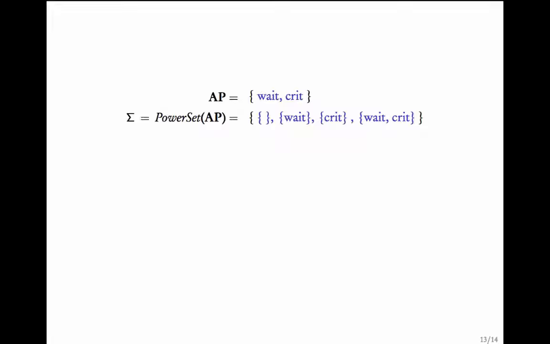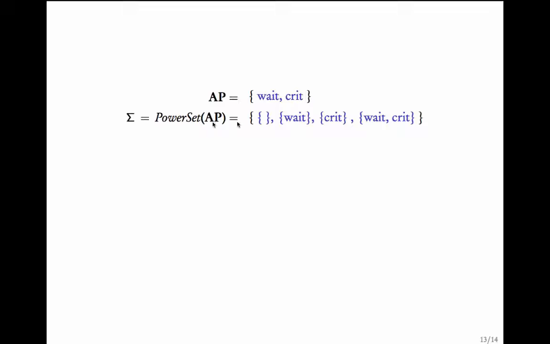Let's see an example. Suppose AP had two atomic propositions, wait and crit. So wait is true in states where the system is waiting to get into the critical section, and crit is true whenever the system is in its critical section. Look at this as P1, P2; instead of P1, P2, we are looking at it as wait and crit.